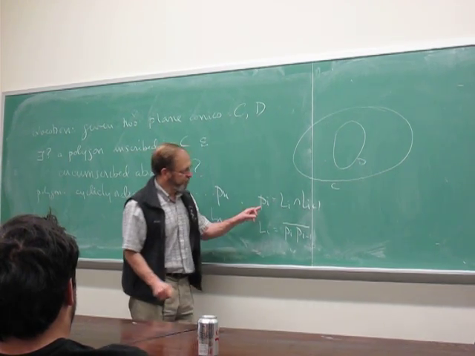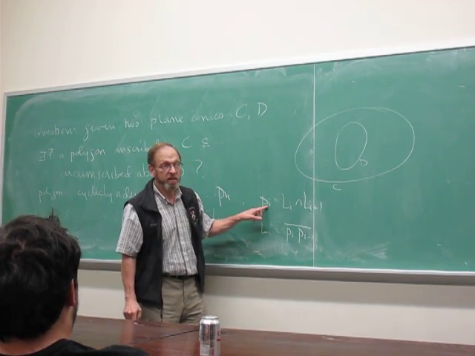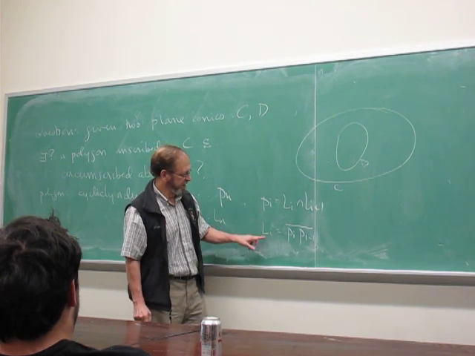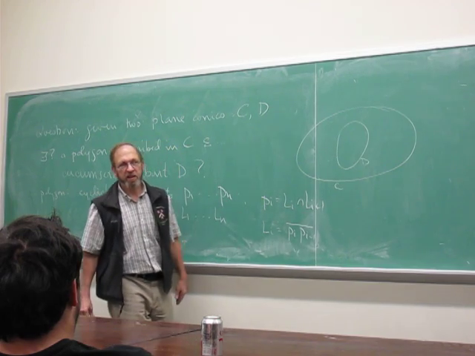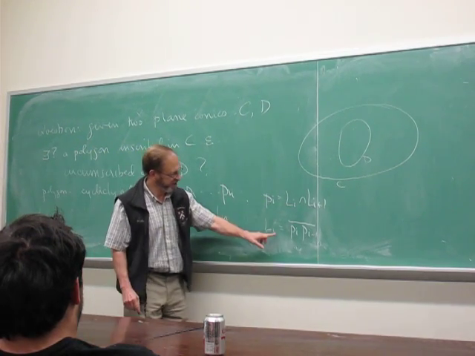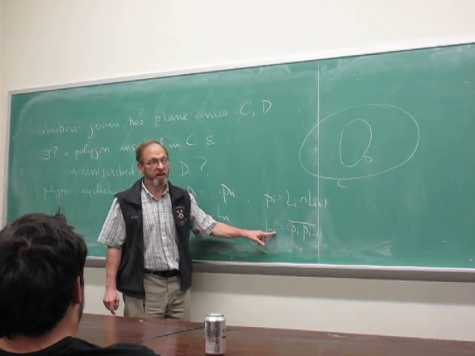So every successive pair of lines meet at the point, and every successive pair of points span the corresponding line. And these are the vertices, and these are the edges of the polygon.